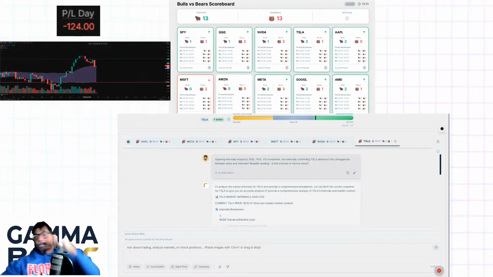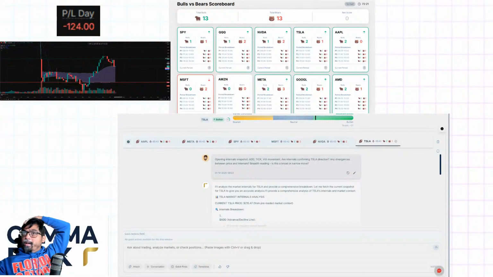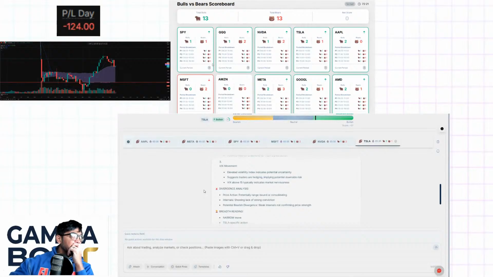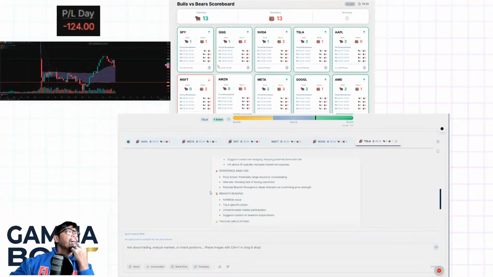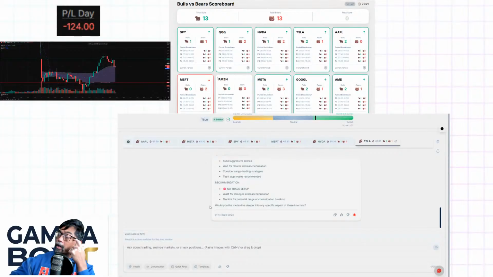Yeah, Tesla's trading sideways right now. I would wait for a confirmation here, let's see what it says. No trade setup, wait for stronger initial entry confirmation.